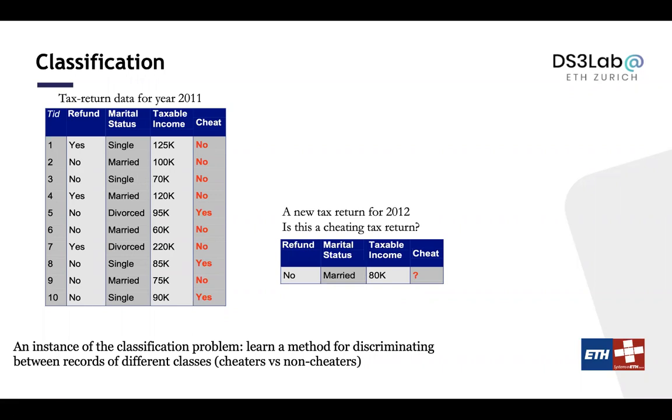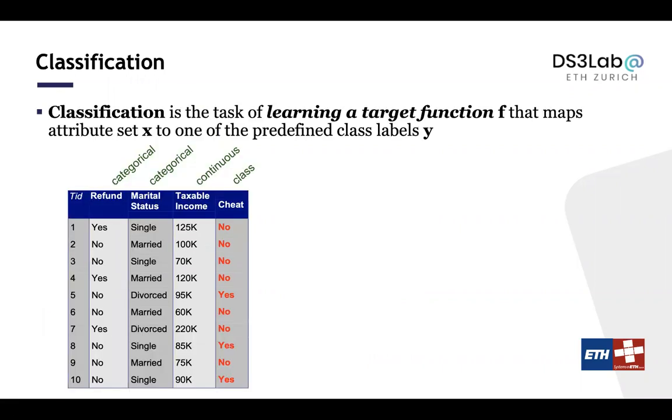So here, the structure of the problem is you want to learn a target function f that maps the attribute set x to one of the predefined class labels y, right? Here you have an attribute set, for example, refund, marital status, taxable income. They could be of different types.